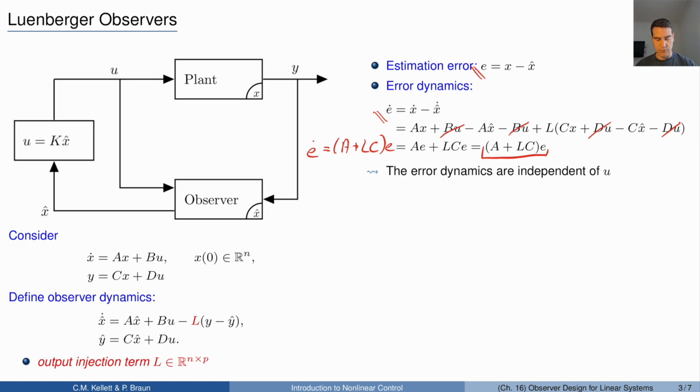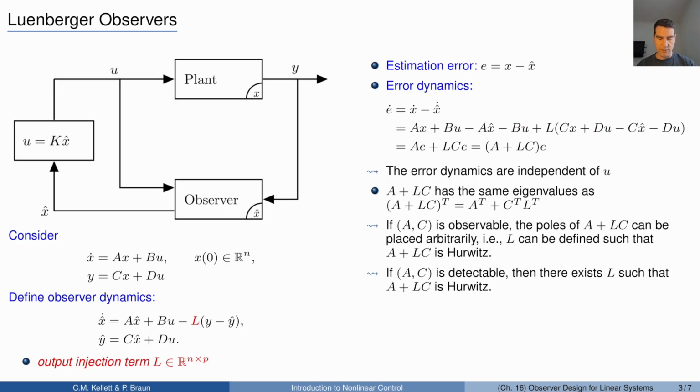Different from the situation before, we now have this additional term L times C, with the degree of freedom in selecting the matrix L. If we recall the properties of controller design for linear systems using pole placement, we see that here we actually have a similar structure. Namely, if we want to guarantee asymptotic stability of the dynamics, then we need to guarantee that A plus LC has all its eigenvalues in the left half plane.